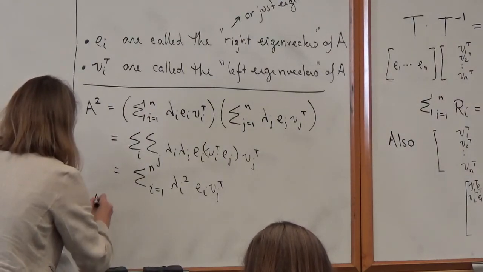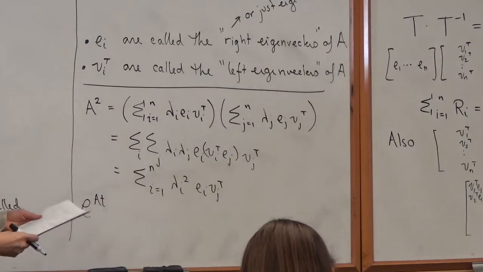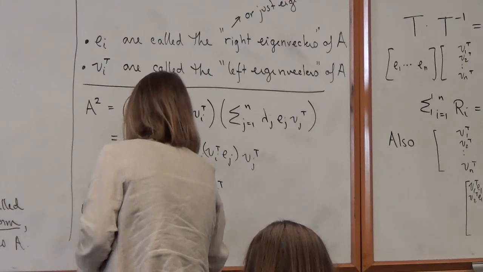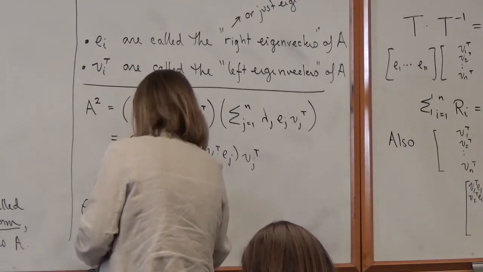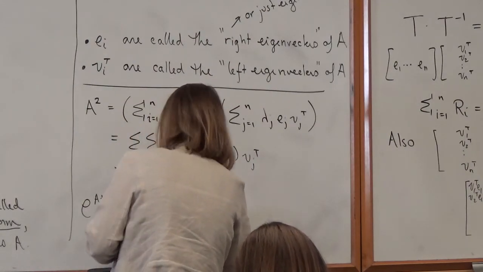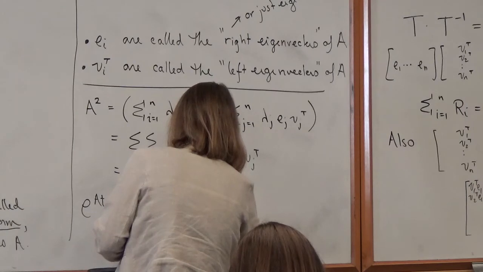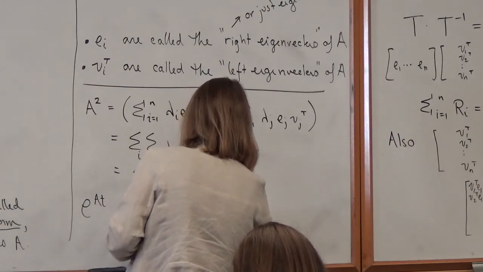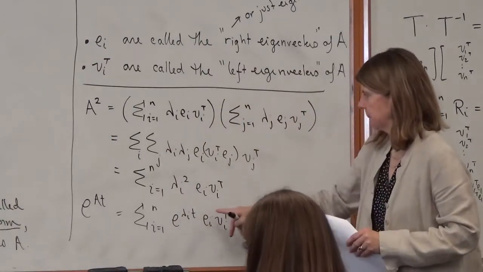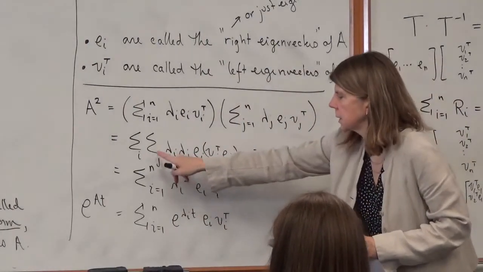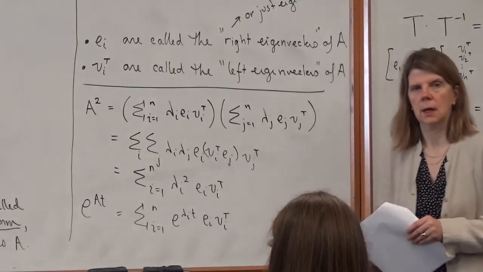What about e to the At? That's another function of A, one that we're particularly interested in. You could do the same dyadic expansion and show that that's the summation from i equals 1 to n of e to the lambda i t e i nu i transpose. Again, the double sum collapses, since the only non-zero cases happen when j is equal to i.